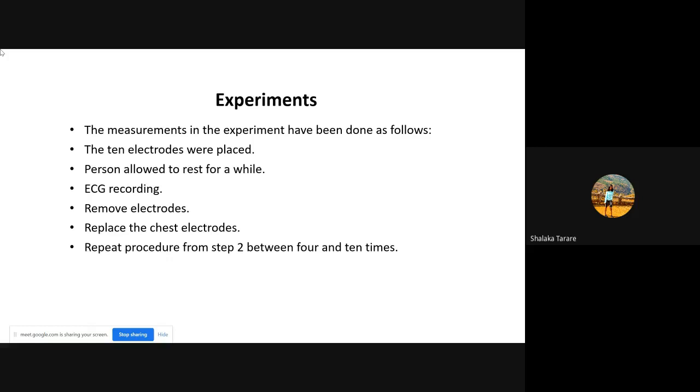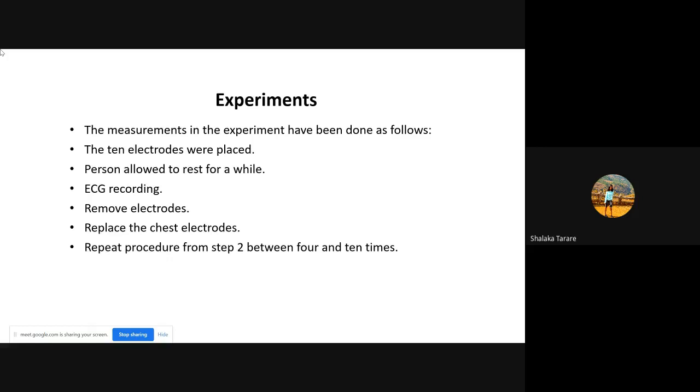The placement of chest electrodes is important for diagnostics, and the same assumption has been made for person identification. The chest electrodes were therefore removed and replaced to start a new measurement. Since the placement of the limb electrodes is not as critical, they were not removed between the measurements.